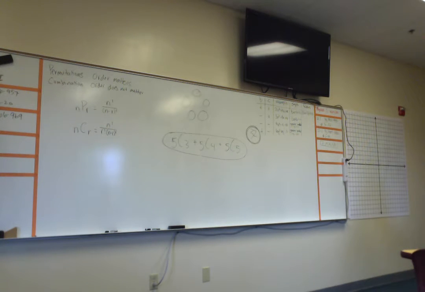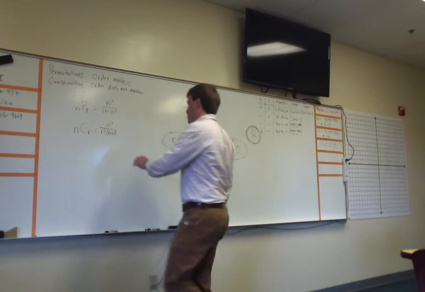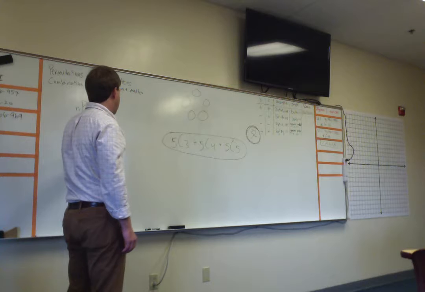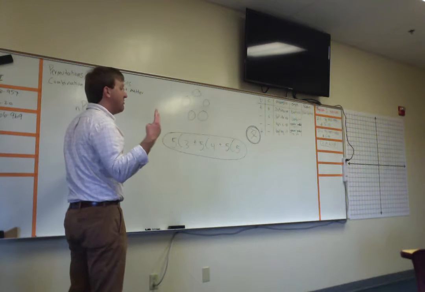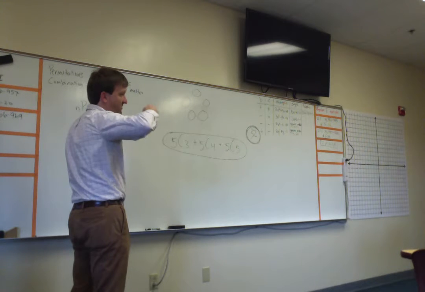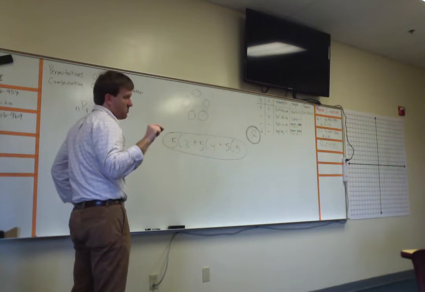No, it should be 5 times 4 times 3 over 3 times 2 times 1. Because, and this is why it's helpful to write it out, at least write out this step. 5 factorial over 3 factorial times 5 minus 3 is 2 factorial. Yeah, that's good. So that just cancels the 2 and the 1. I have 5 times 4 times 3 on the top, and then 3 times 2 times 1 on the bottom.